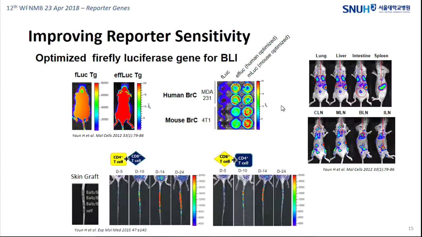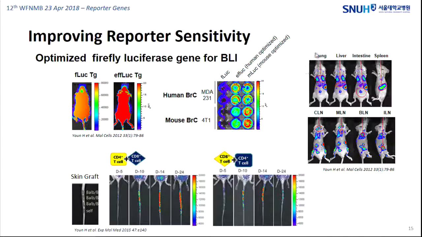Using this, we tried to visualize immune cell trafficking in the nude mouse. Actually, we transferred splenocytes isolated from the reporter transgenic mouse to a syngeneic nude mouse and looked at the biodistribution of the immune cells.